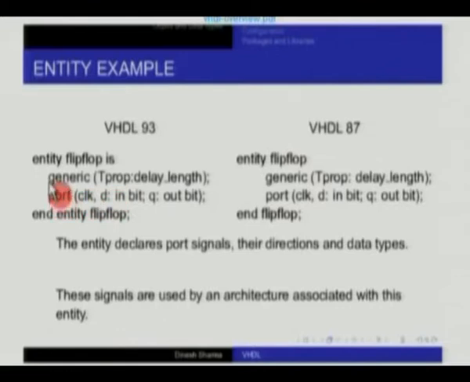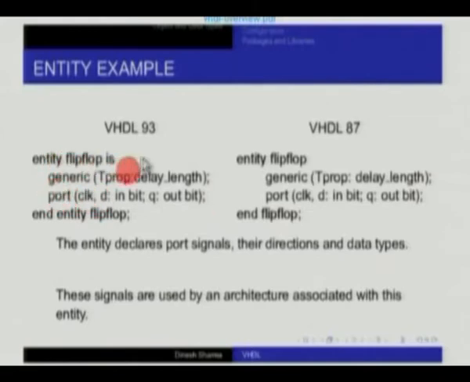And port signals called clock and D are inputs and are of type bit. A signal called Q will be my output and will be of type bit. So essentially all signals connected to the flip-flop are described in this port list.